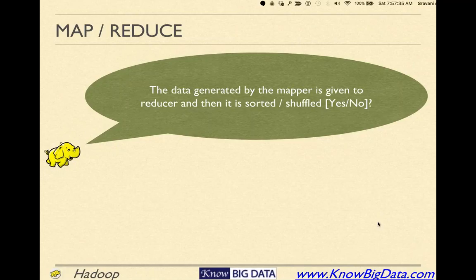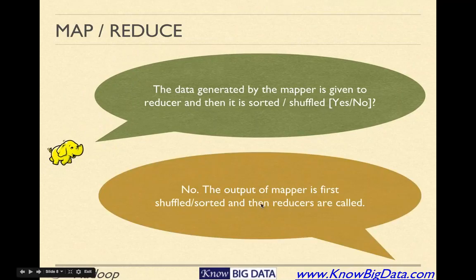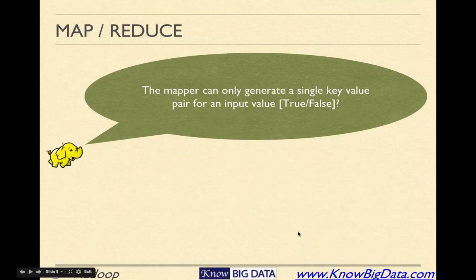That's right. The answer is no, because the output of the mapper is first sorted and shuffled, as in if there are multiple reducers, the data is shuffled, and then the reducers are called. That's correct. Very good answers.